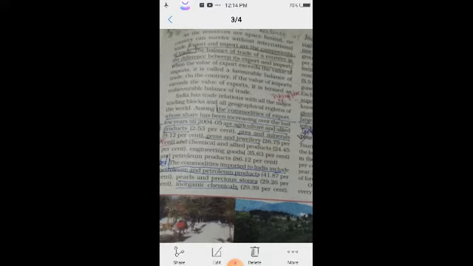When the value of export exceeds the value of import, it is called the favorable balance of trade. Means value of export would be more than the value of import. That type of international trade is called the favorable balance of trade.